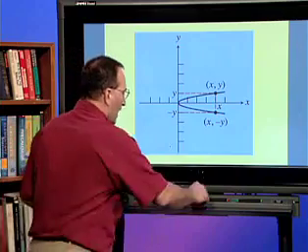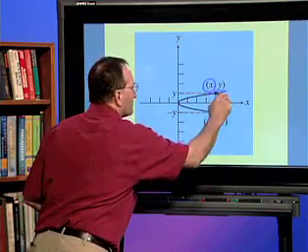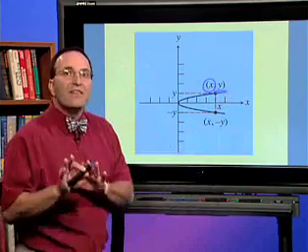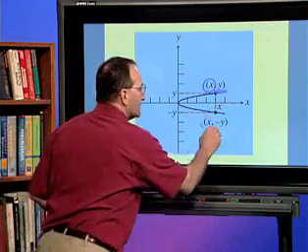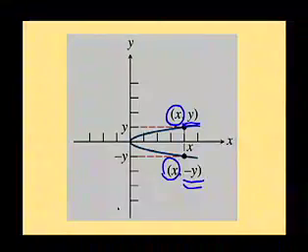Once again, if we have the point (x, y), and we also have the point with the same x value but -y, we've got even symmetry about the x-axis. And this time the x-axis is where, if we were to fold the graph, the two halves would meet.